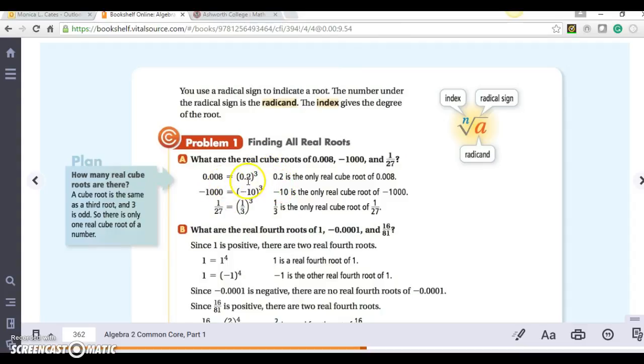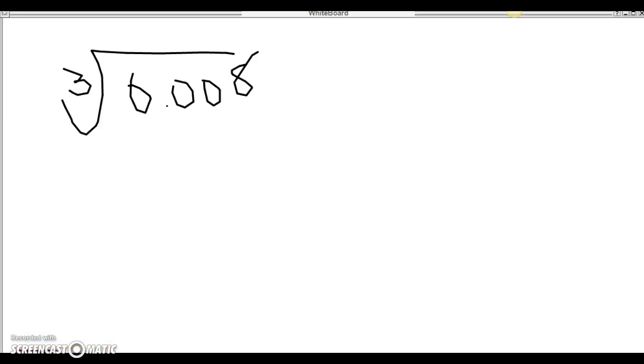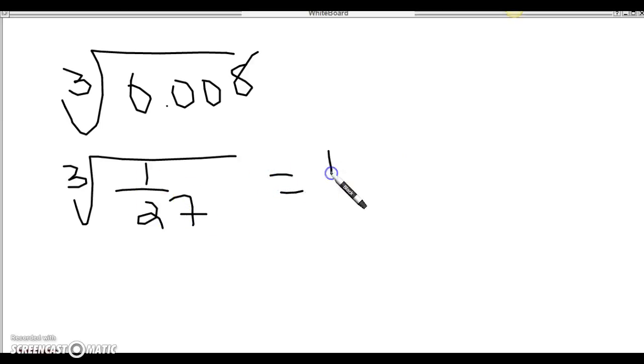I know that 0.2 to the third power is equal to 0.008, so 0.2 is the only real cube root. For negative 1,000, I know that would be negative 10. It would be the only answer. And for 1 over 27, I know that would be 1/3. So the cube root of 1/27 is equal to 1/3.